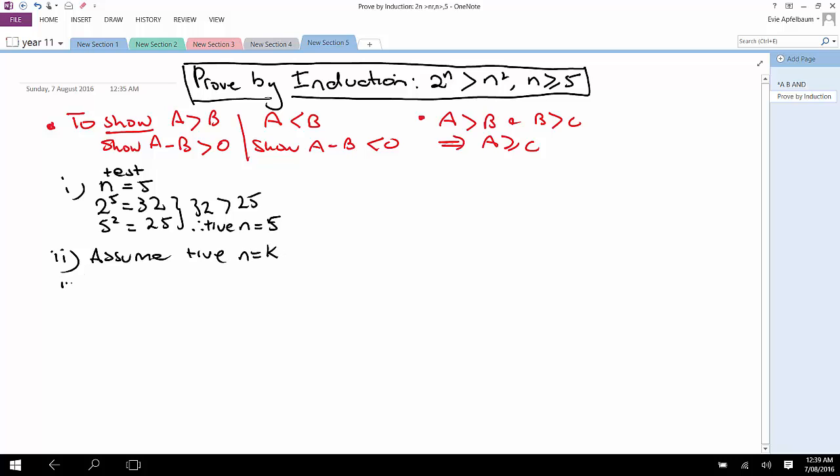That means, i.e., we're assuming that there is some k greater than or equal to 5 for which 2 to the k is bigger than k squared.